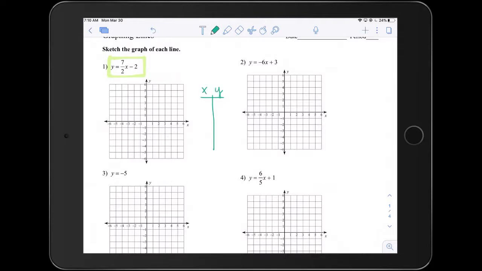So again, negative 2, negative 9 was going to be too low. And then we had the other point 0, negative 2, so I can plot that on there.